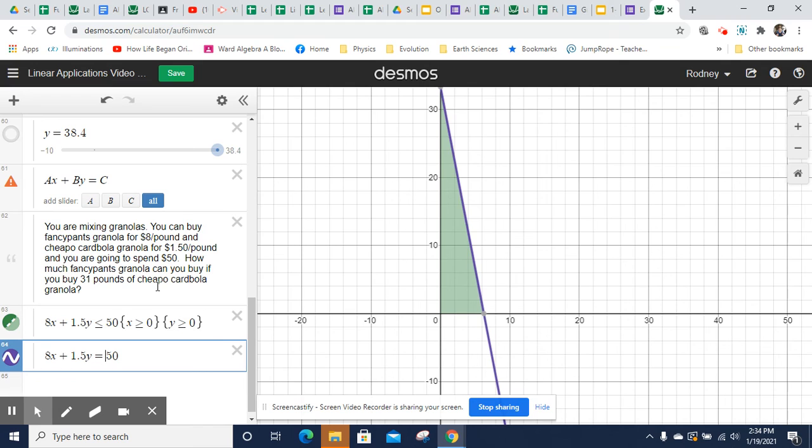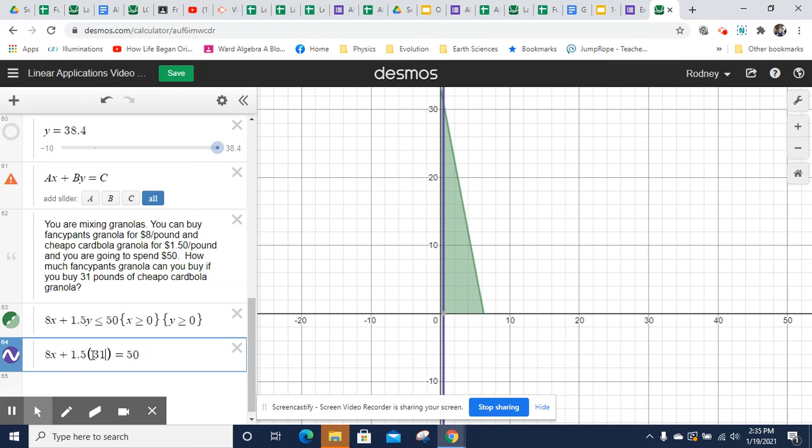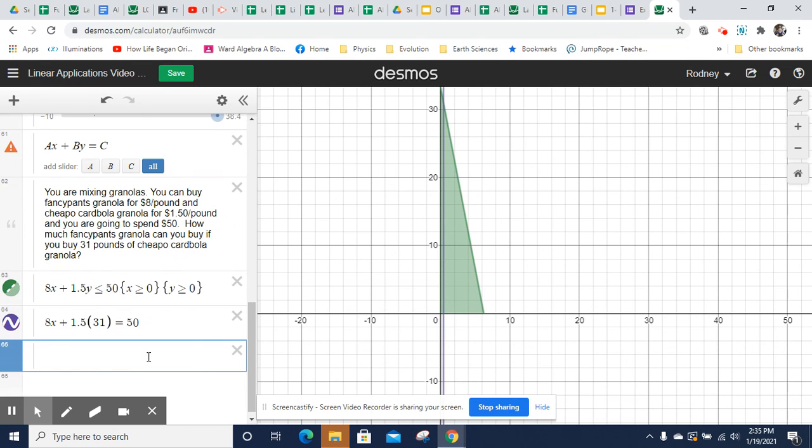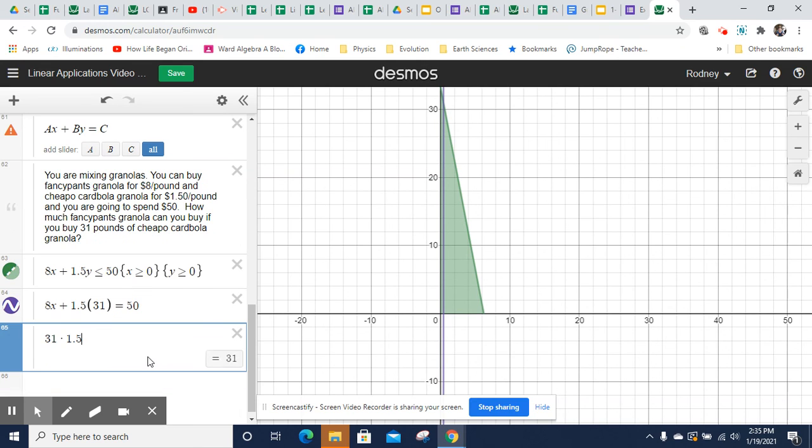And since we're getting 31 pounds of the cheapo, we replace the cheapo pounds variable of Y with 31. And there we have actually the number of pounds of fancy pants granola we can get. This vertical line will actually tell us 0.438 pounds. Well, let's go ahead and work it out. What's 31 times 1.5?